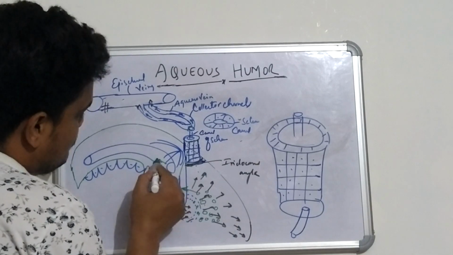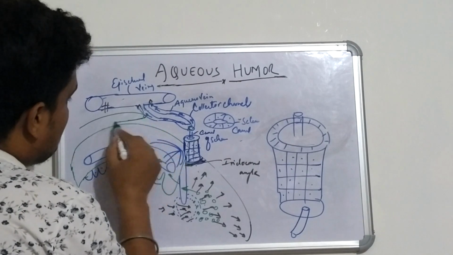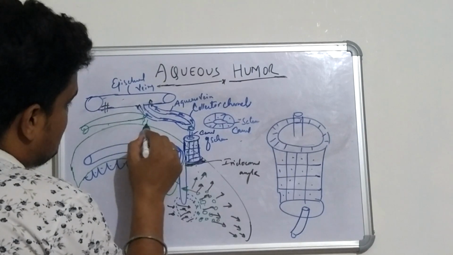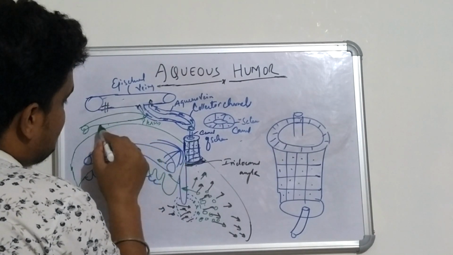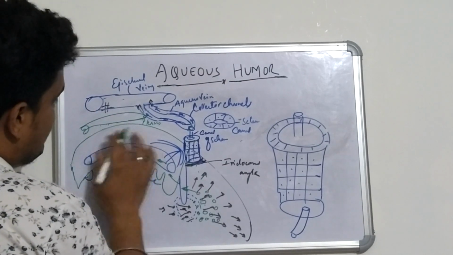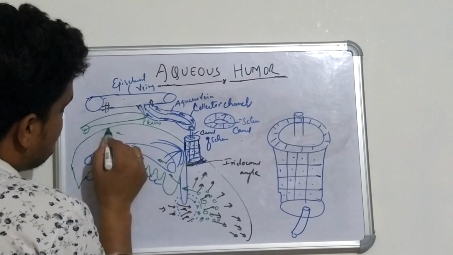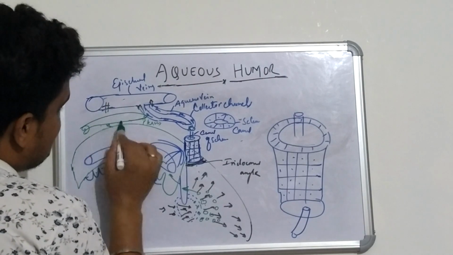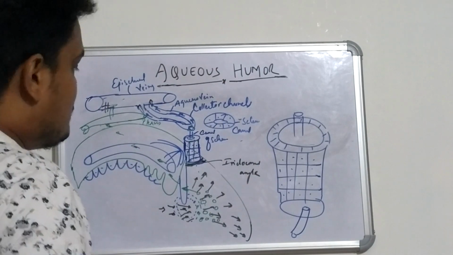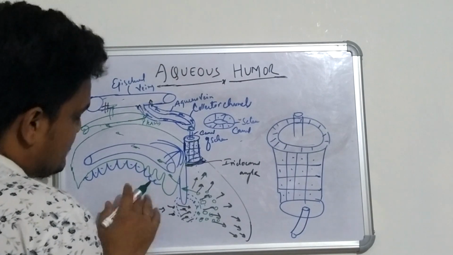It will pass to the ciliary body, and here in between there is a scleral venous plexus, which is present just above the suprachoroidal space. This is the choroid, and just above the choroid there is a suprachoroidal space. So it will go to the suprachoroidal space, and in the scleral plexus it will again merge to the episcleral vein. So this is an alternative pathway that nature has provided in this area.